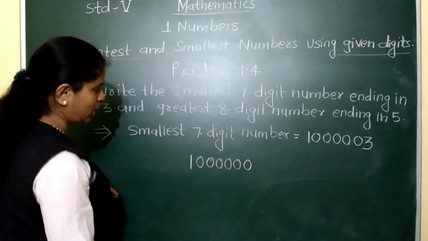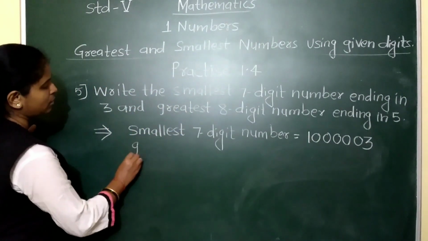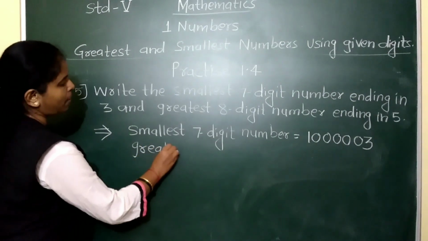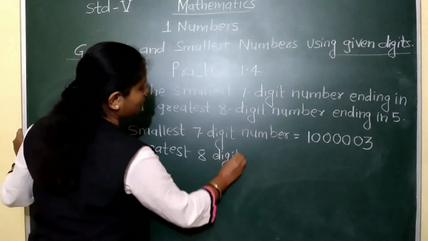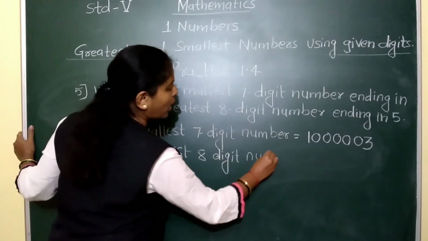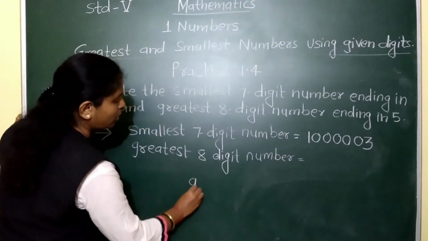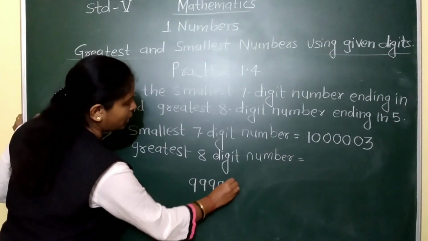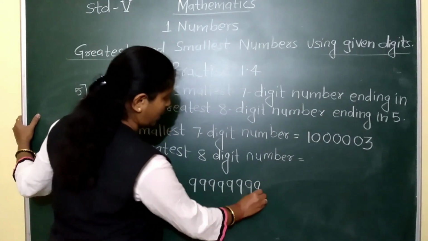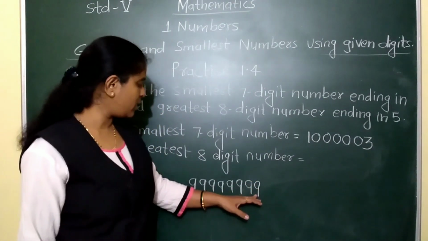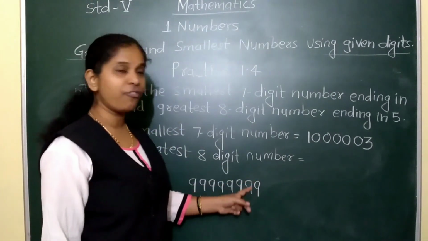Now, similarly, we have to make greatest 8-digit number. Okay. Now again, what is the greatest 8-digit number? See here, 9, 9, 9, 9, 9, 9, 9 and 9. Okay, this is the greatest 8-digit number. But it should end in 5.